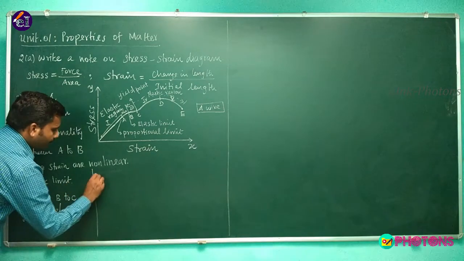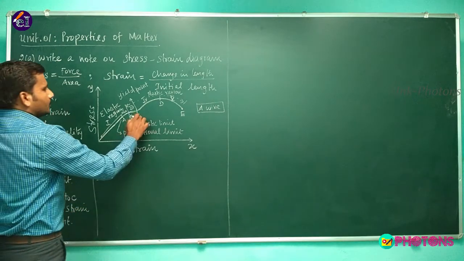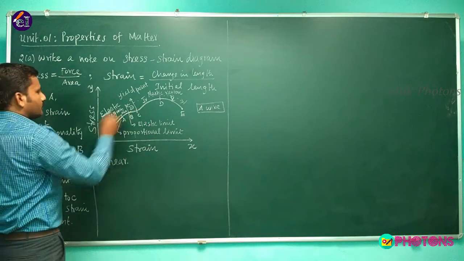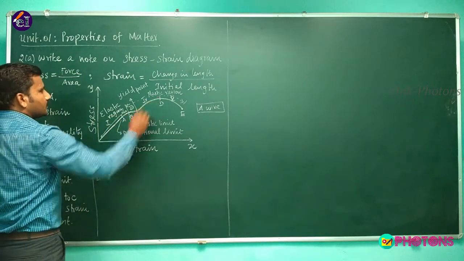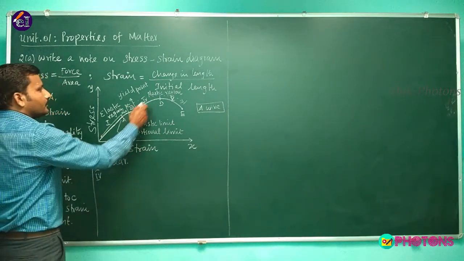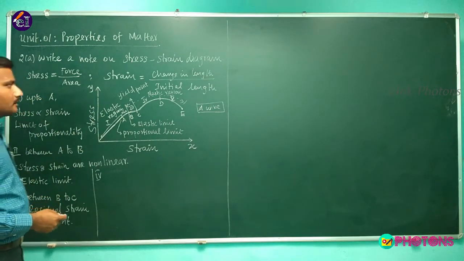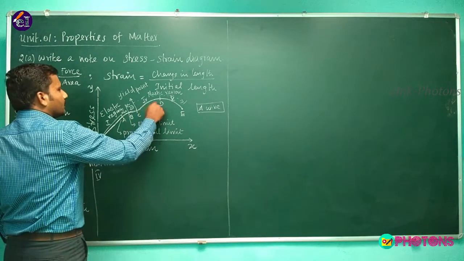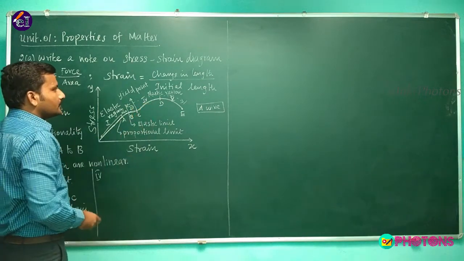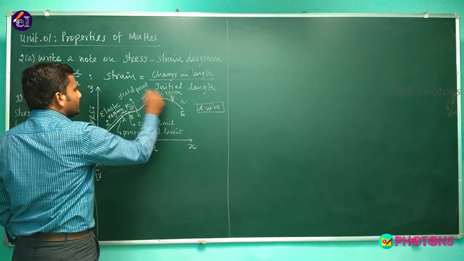Now segment 4, point C to D. In this region, for the applied stress, there exists a dramatic change in the strain, right? And if you remove the stress, the material will not go back to its original shape and it undergoes plastic deformation. So this region C to D is plastic region, and the point D.